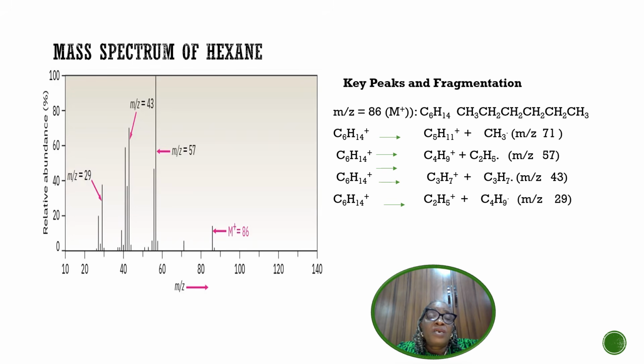And then we'll have the peak at 29, which is showing the fragmentation to an ethyl cation being formed and the loss of a butyl radical. It is always important that you indicate where the positive and the negative and the radical will be in your equations.